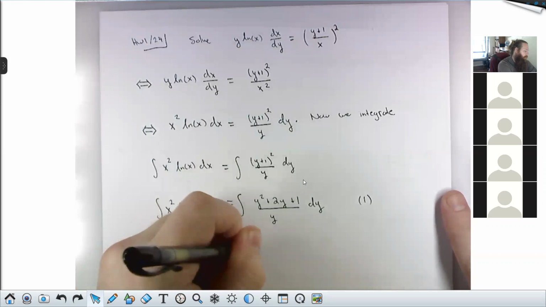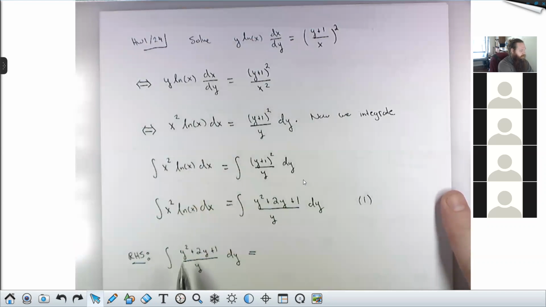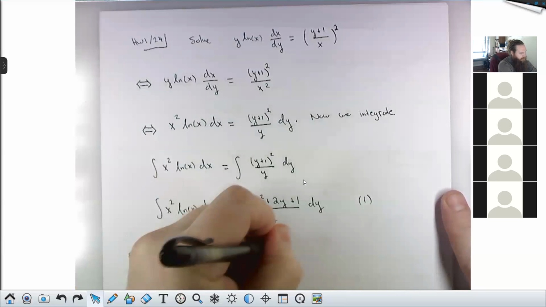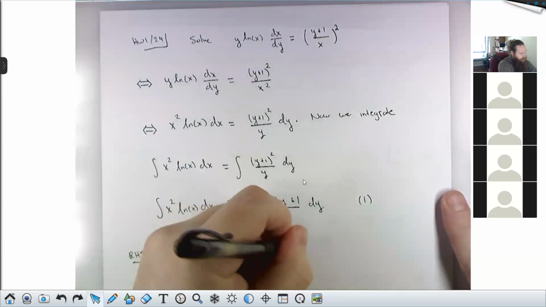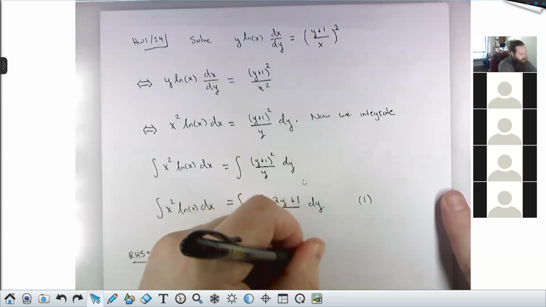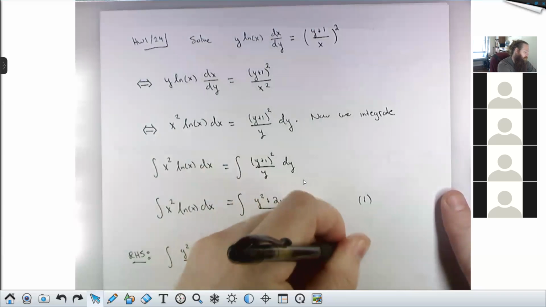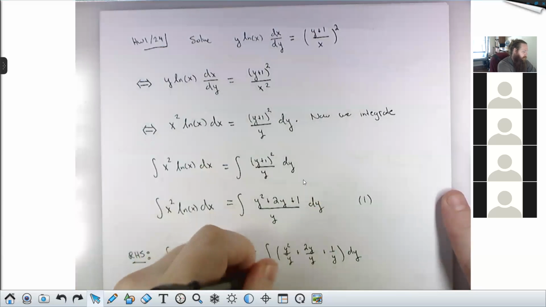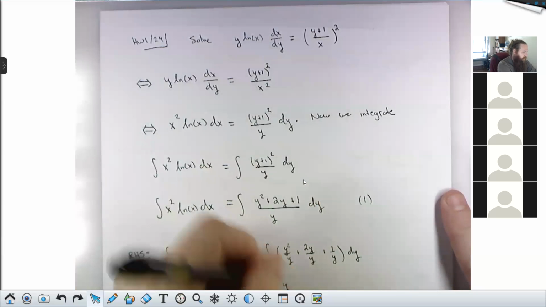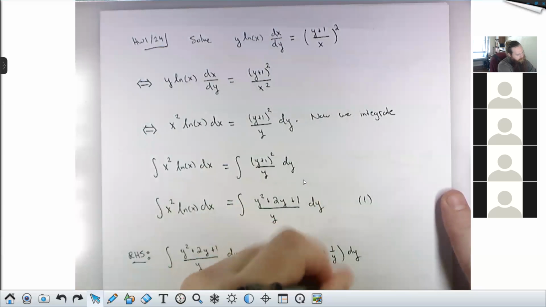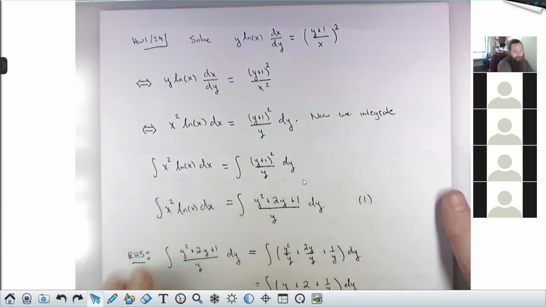The purpose of multiplying that out is because now I can just split this up into a collection of power functions. This is the same as y squared over y plus 2y over y plus 1 over y dy. So that's the integral of y plus 2 plus 1 over y dy.